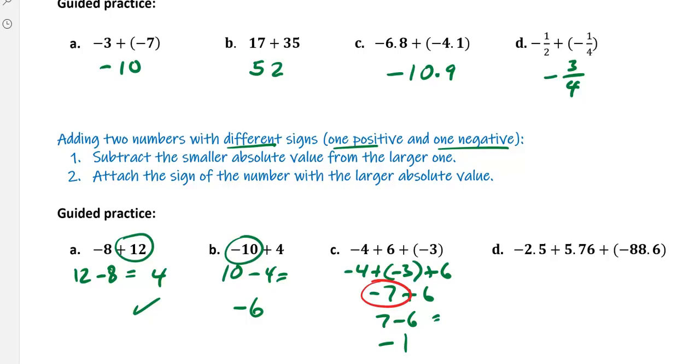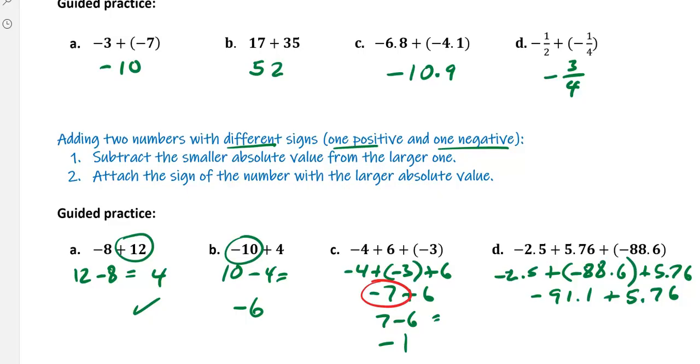Okay. Now, -2.5 plus positive 5.76 plus -88.6. So that's going to be -2.5 plus -88.6 plus positive 5.76. See, we can rearrange those. Now, these two added together, because they're both negative, is -91.1 plus positive 5.76.